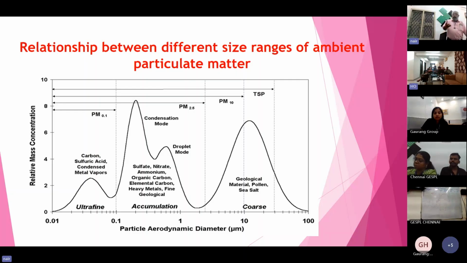That means even though the particles of PM10 size go into our nostrils, because of the moisturized mucus layer, these PM10 particles will be blocked there. But even smaller things, the fine particles, PM2.5 and ultrafine also, go into the nostrils, then reach the alveoli.